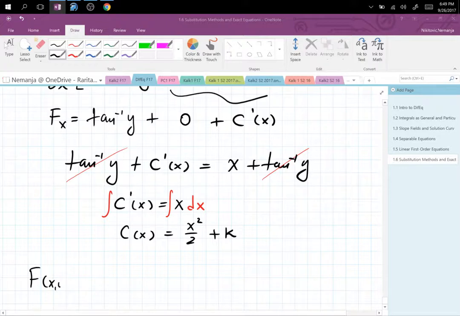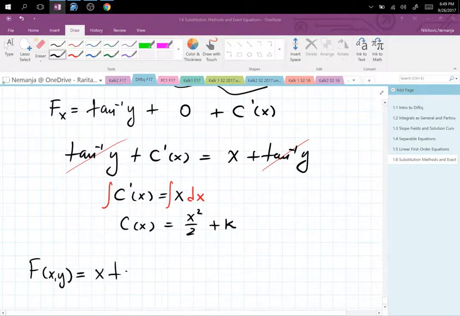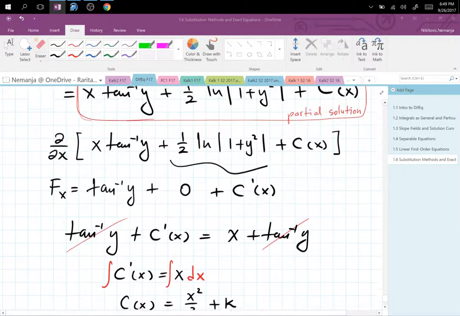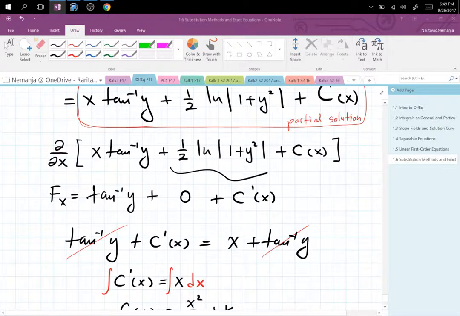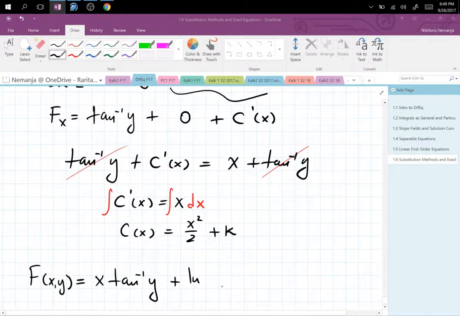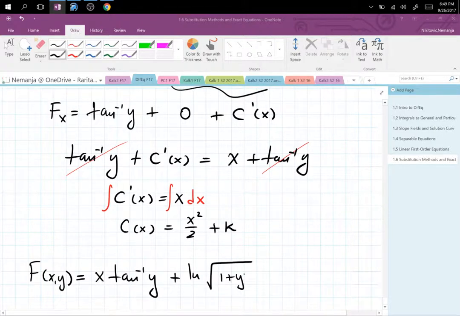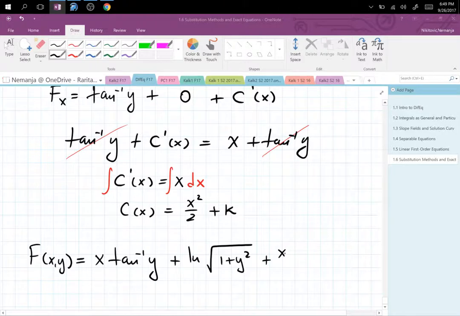So f of xy is equal to x tangent inverse y plus ln of the square root of 1 plus y squared plus x squared over 2 plus k.